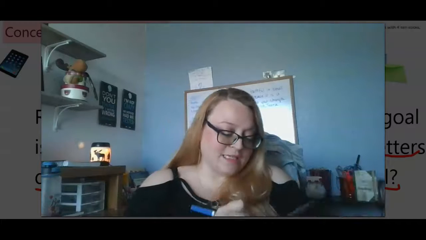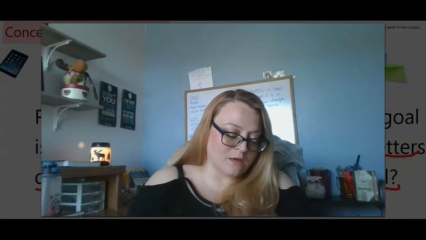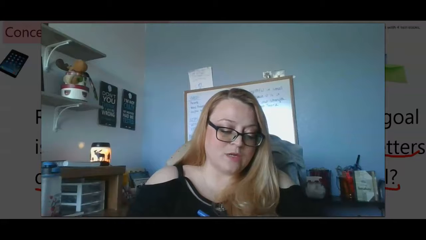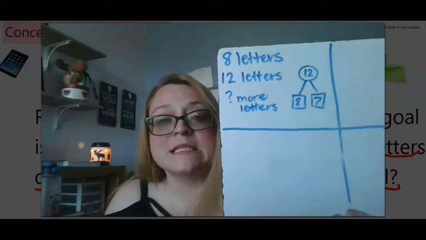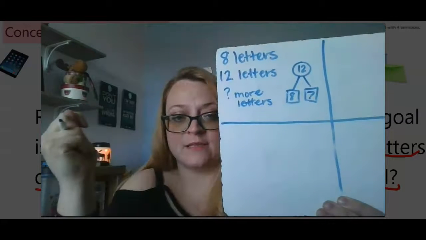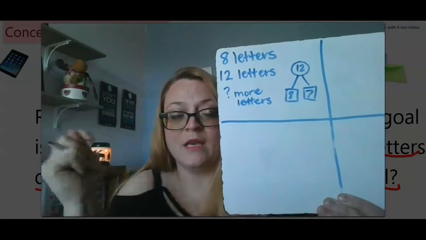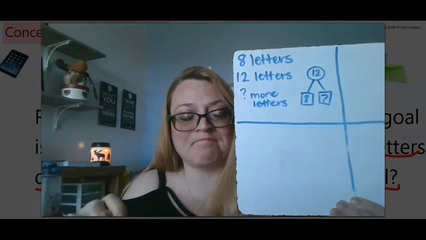So I need to figure out how many more letters. So this is what our important information box should look like. If yours does not look like that, go ahead, push pause, make it look like this, okay? If it does look like this, awesome, we're moving on, okay?